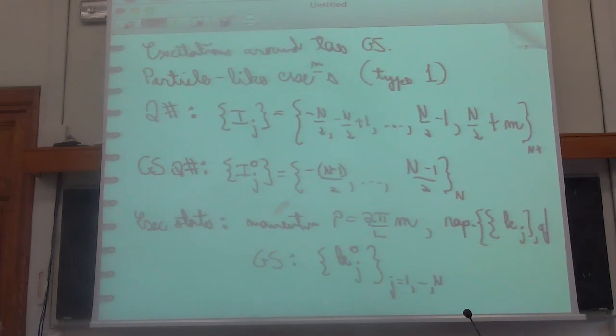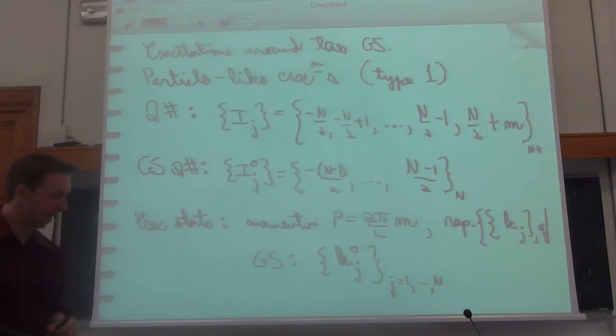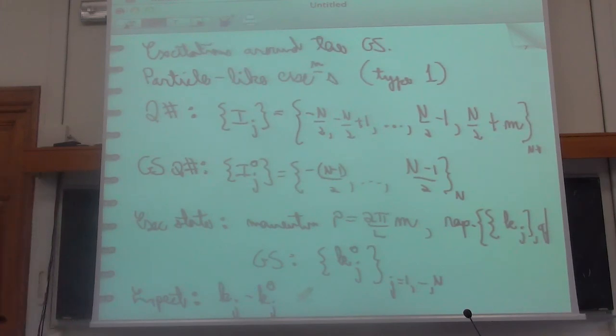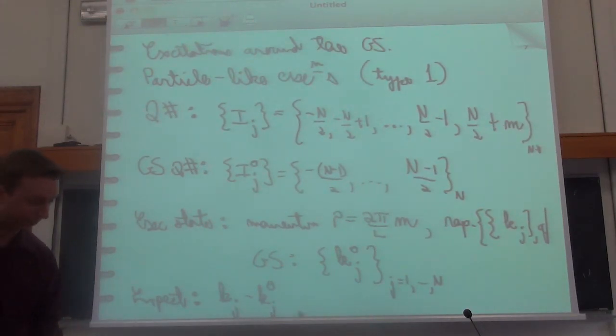Now, what we expect is that the difference between Kj and the ground state rapidity Kj0 will be small.